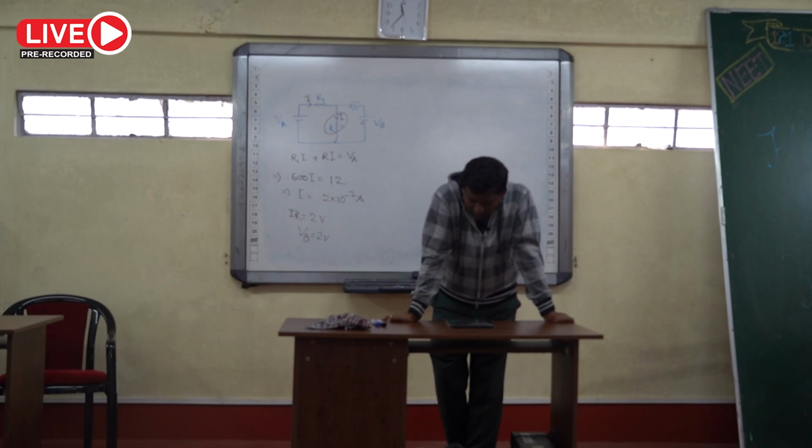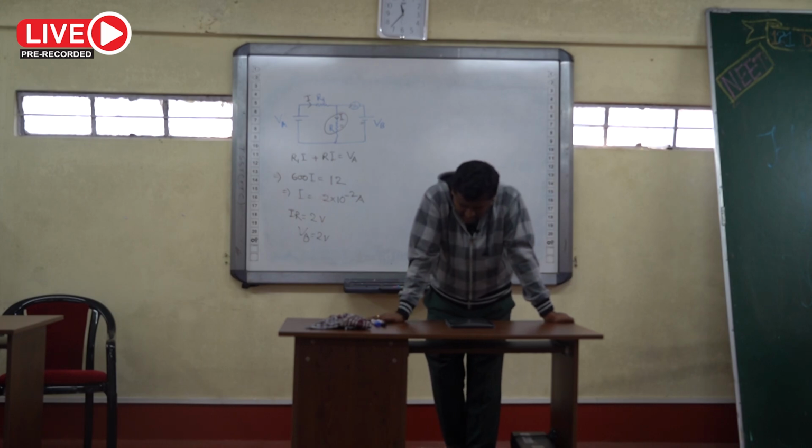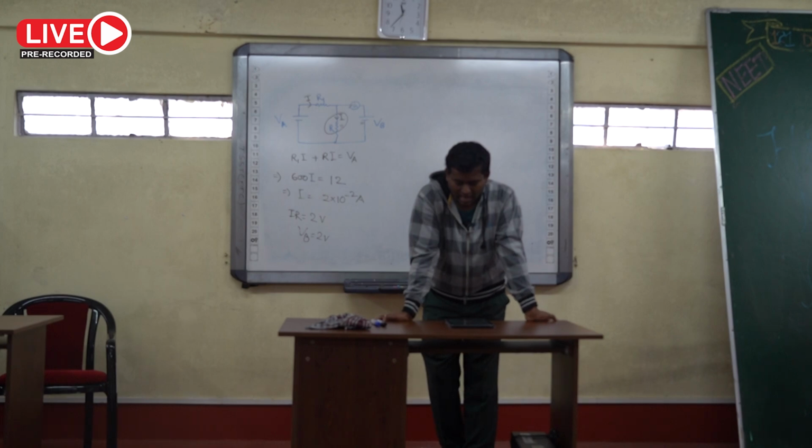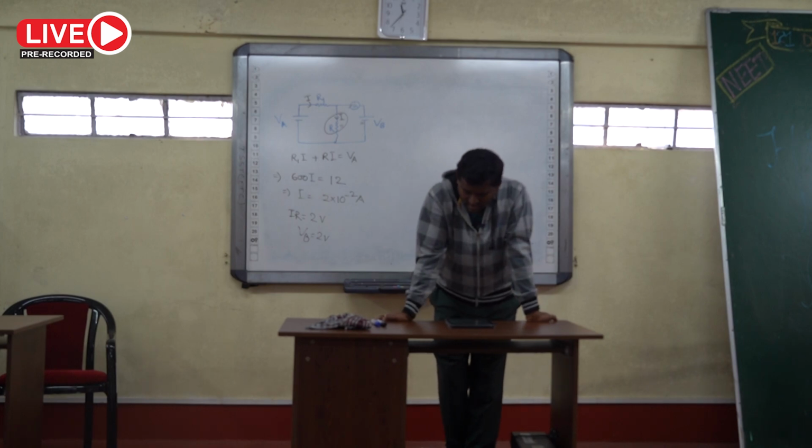A ring is made of a wire having a resistance of 12 ohm.